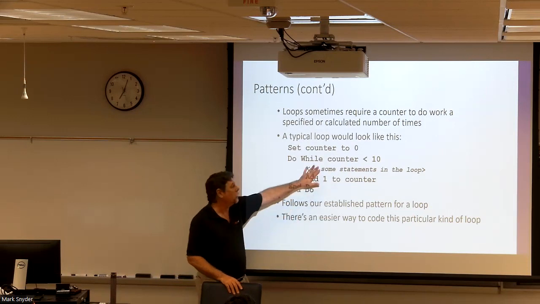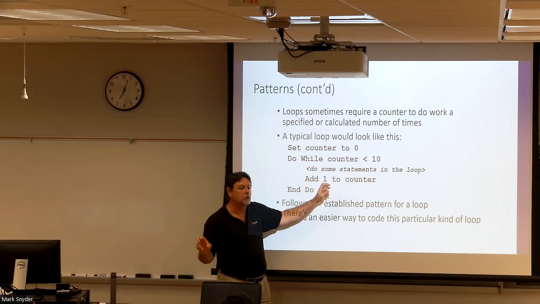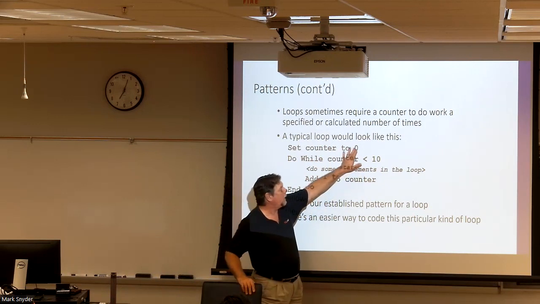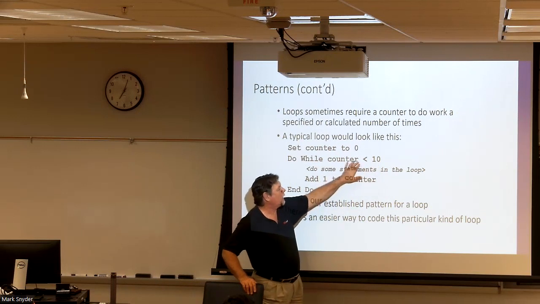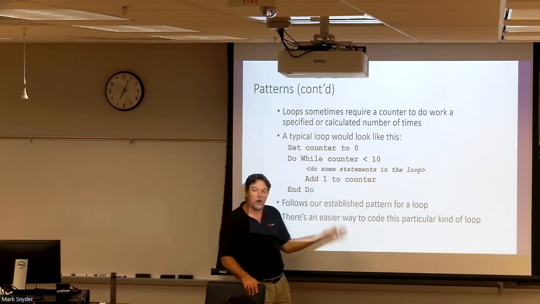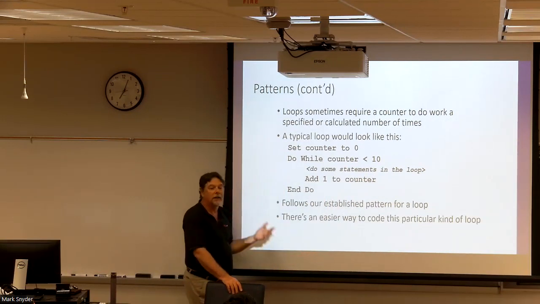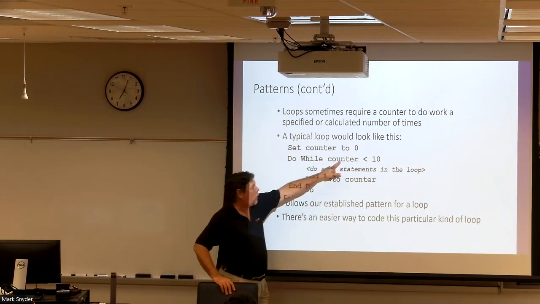Okay, knowing that we're starting at 0 and that we want to loop 10 times, some developers would say, I want you to loop from 0 to 9. So I'm going to say while counter is less than 9 because I want to go from 0 to 9. And that would be an off by 1 error because then it's not going to loop 10 times, it's going to loop 9 times. See, because of the 0 thing.